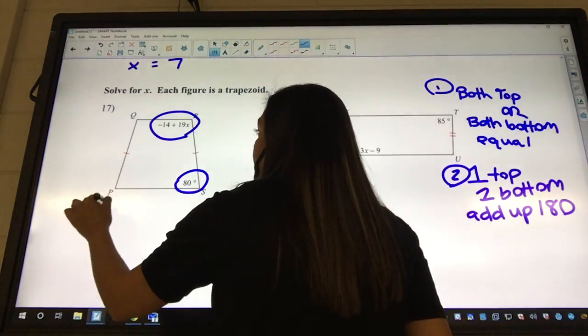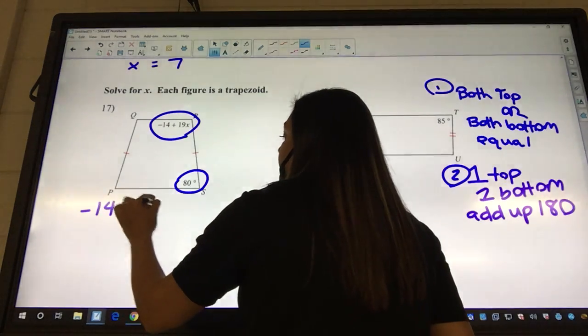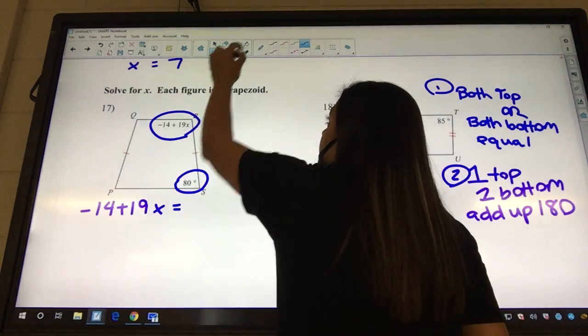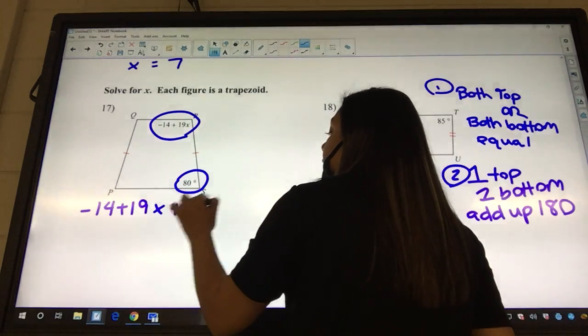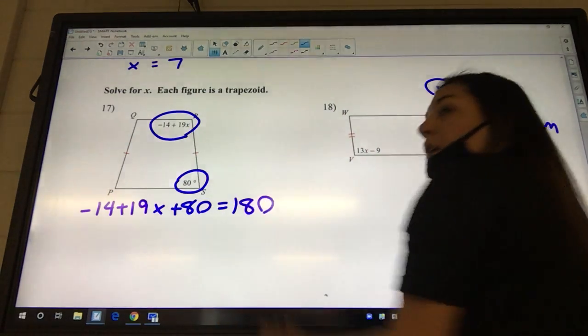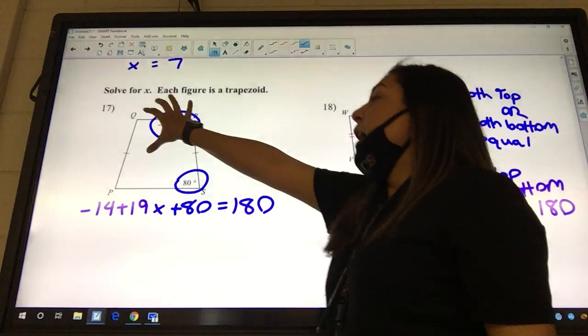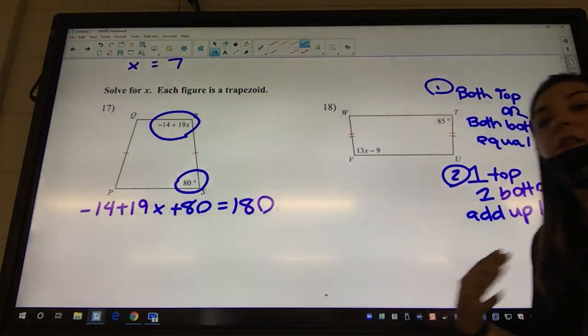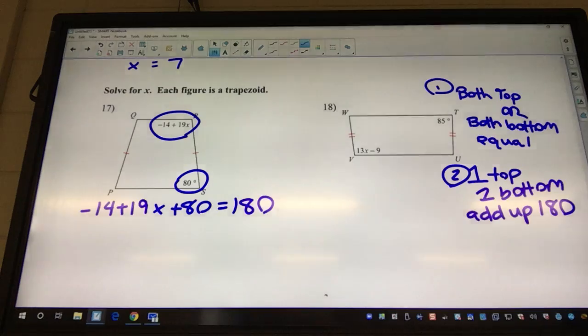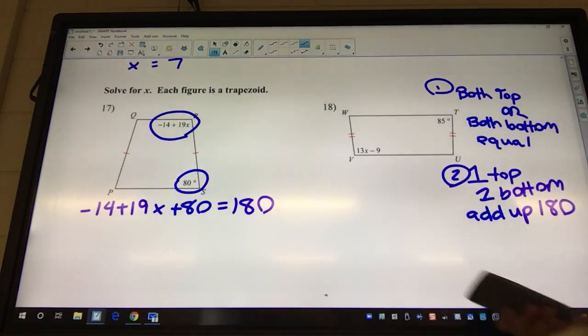So I got negative 14 plus 19x plus the 80 degrees equals 180. Okay, so you ask yourself, do you have both top, both bottom, or one of each? That's the general rule for trapezoids. And so we look and say, well, what can we combine?